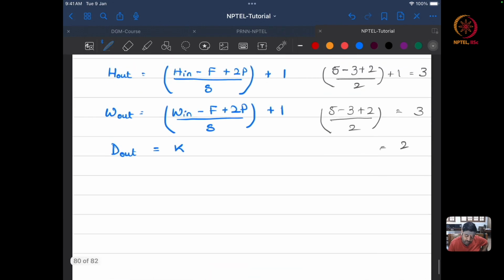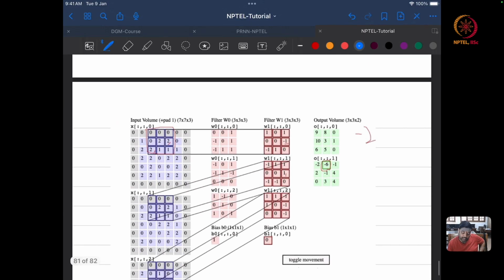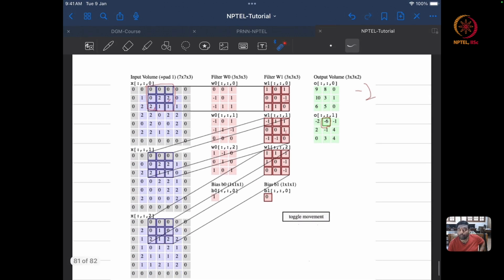Therefore, our output, H out cross W out cross D out, is of size 3 cross 3 cross 2. Are we getting it? 3 cross 3, and you have two such things.